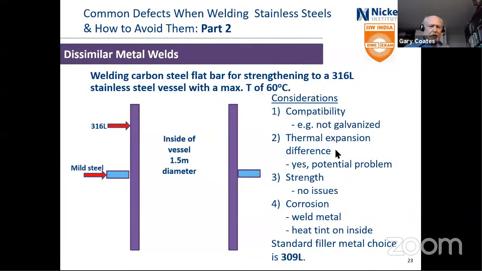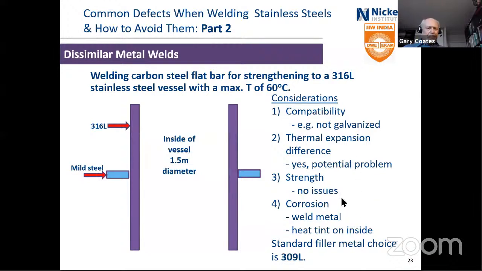Thermal expansion difference. Well, there is a reasonably large thermal expansion difference between mild steel and 316L. But when we talk about only 60, 80 degrees C, it's not a huge difference. If we were talking 300 degrees C, then there might be a potential problem. Strength, well, they're close in strength.